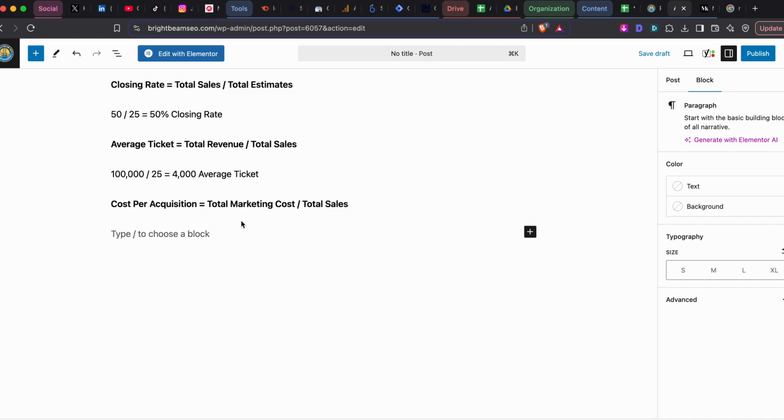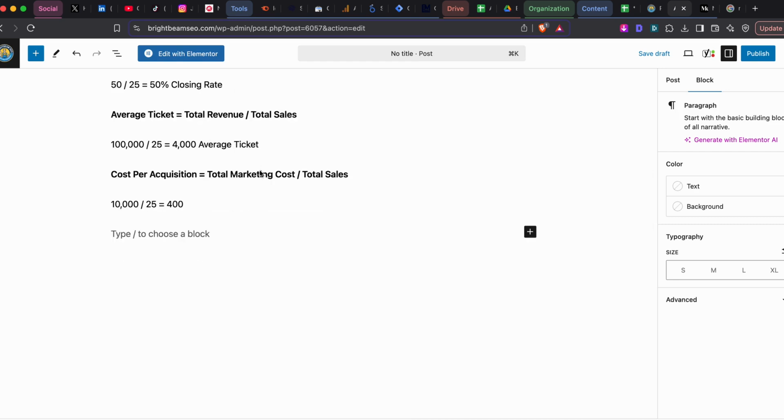And these numbers go together, average ticket and cost per acquisition. So let's say we had a $10,000 marketing cost and 25 sales, then our cost per acquisition would be $400. What that means is that for every sale that we got, we paid $400.